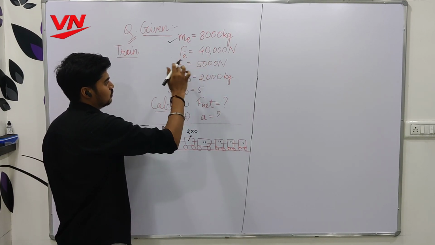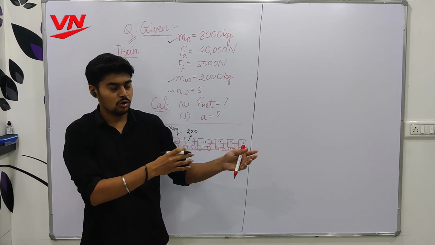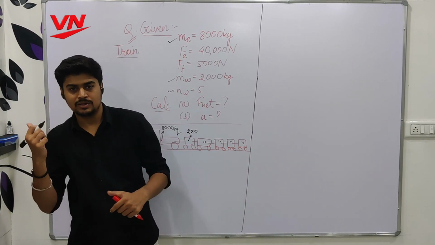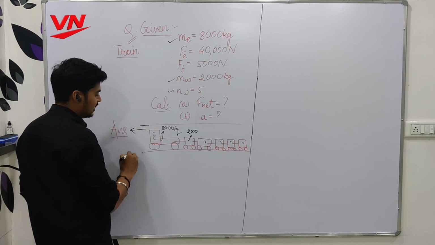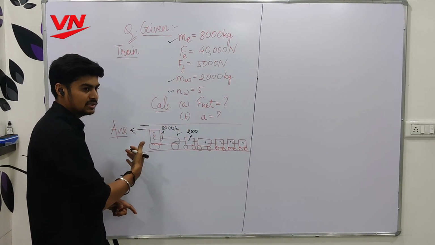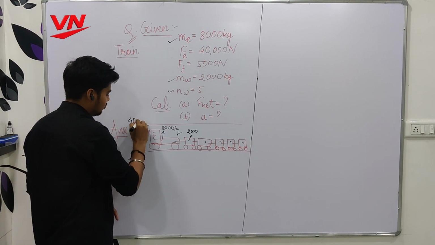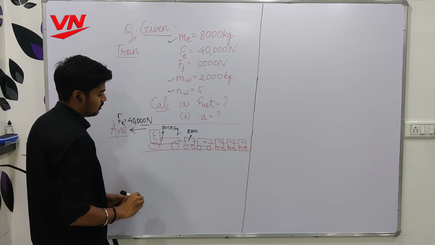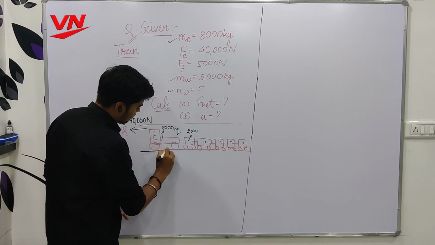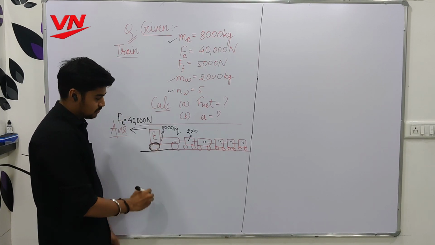Force of engine and force of friction. You know that the engine pulls all the wagons of the whole train in a particular direction. So the force because of the engine will be in one direction. If the train is moving this side, the force of engine we can take in this direction, that is 40,000 Newton. Also there is contact between the wheels and the ground.